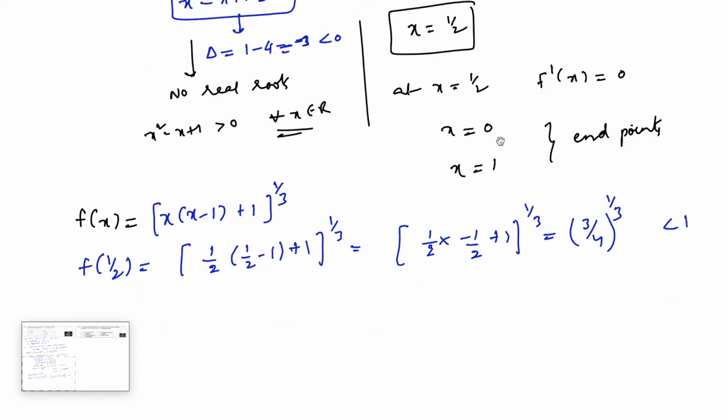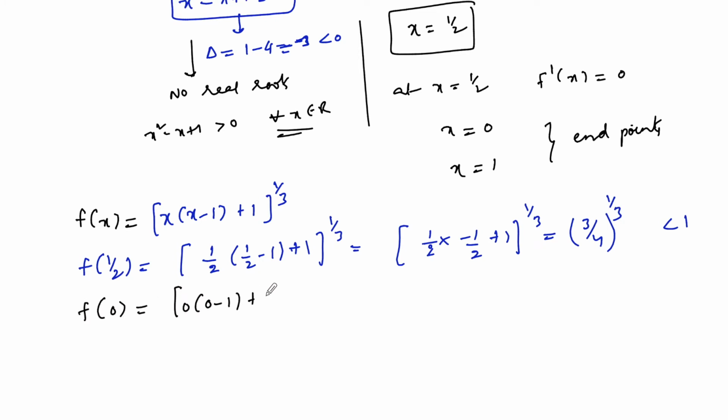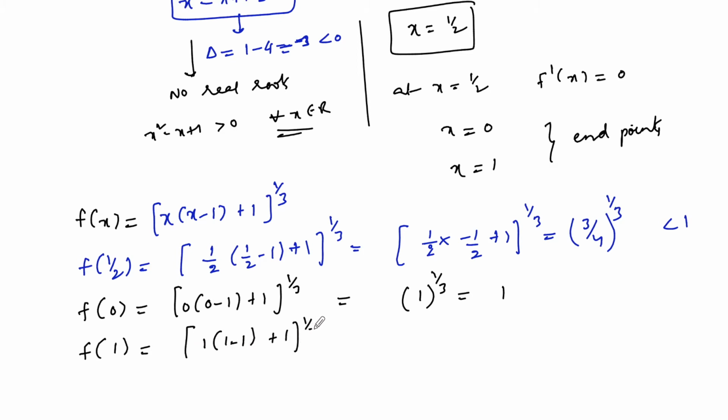And f of 0 is equal to 0 into 0 minus 1 plus 1 whole to the power of 1 by 3, which is equal to 1 power 1 by 3, it is 1. And f of 1 is equal to 1 into 1 minus 1 plus 1 whole to the power of 1 by 3, that is 1 power 1 by 3, again we have 1.